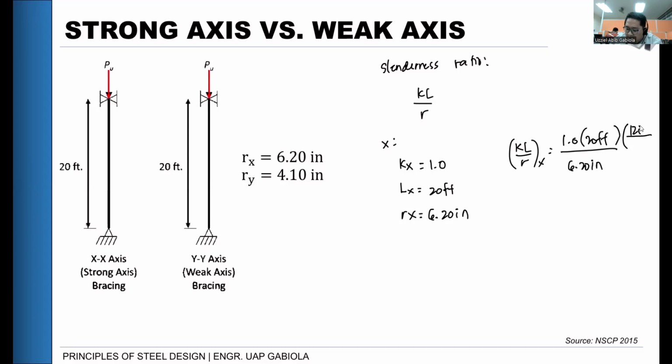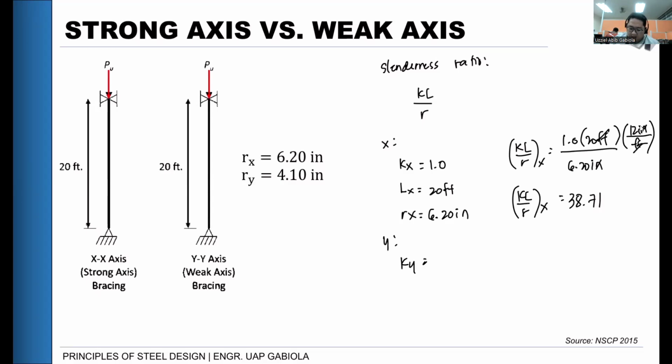So, 12 inch per foot. So cancel yung feet and then cancel yung inches. So we have KL over R sa X, that is how much? So 20 times 12 over 6.2, that is 38.71. Unitless na.